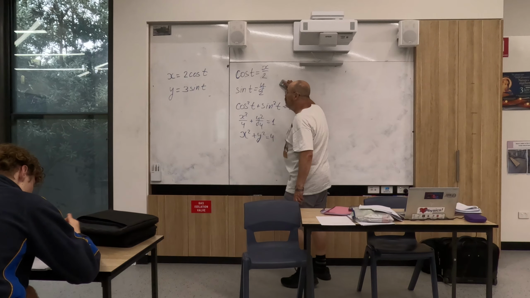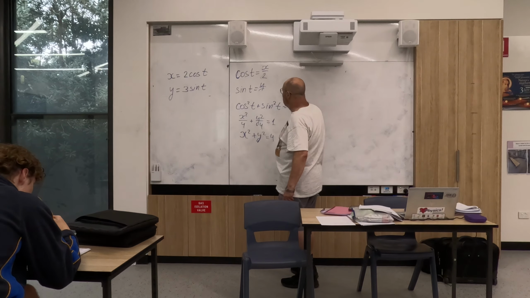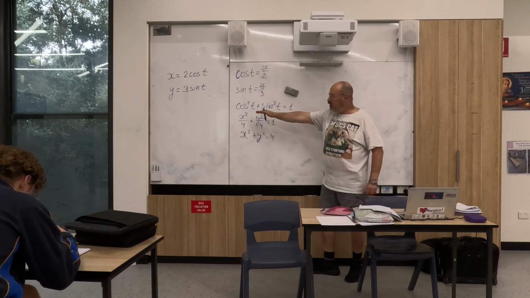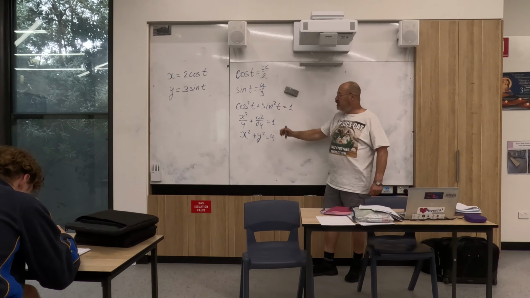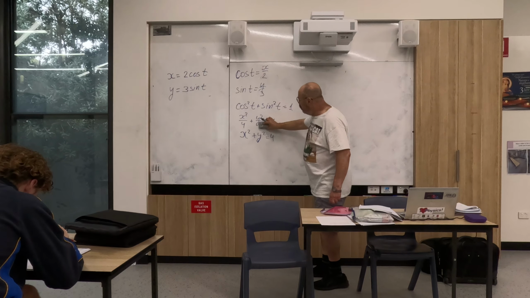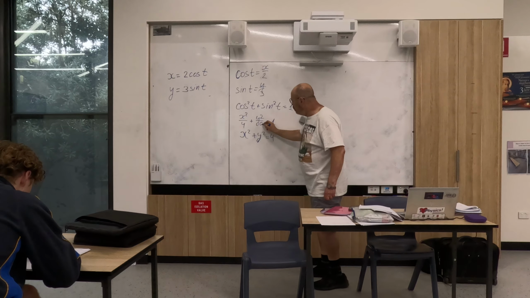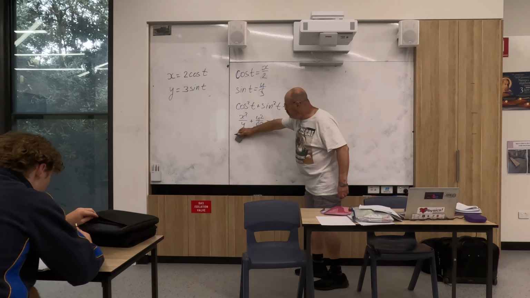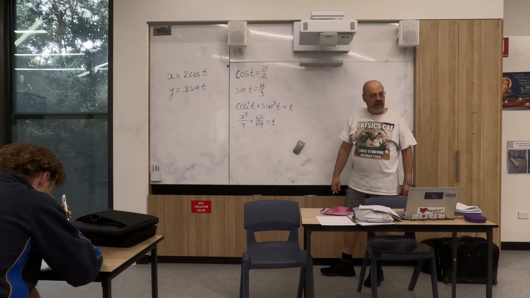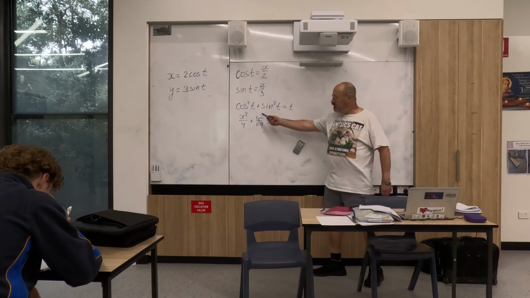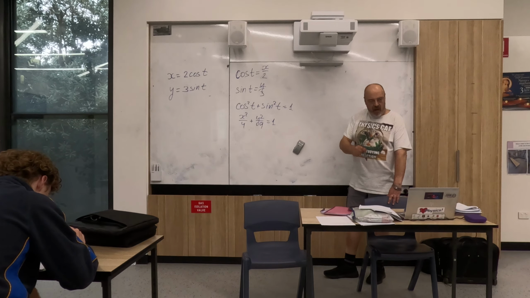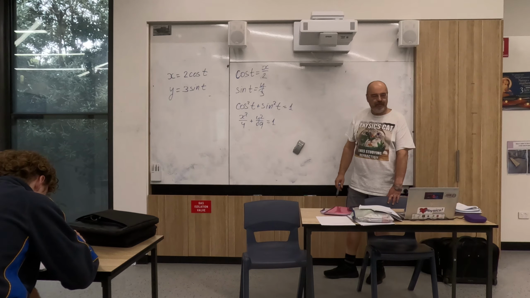Cos t equals x on 2, sin t equals y on 3, and still the Pythagorean identity, cos squared t plus sine squared t equals 1. The only difference is now we have y squared over 9, so now we have an ellipse. Now we have the equation of the ellipse, x squared on 4 plus y squared on 9 equals 1. Make sense? Yeah.